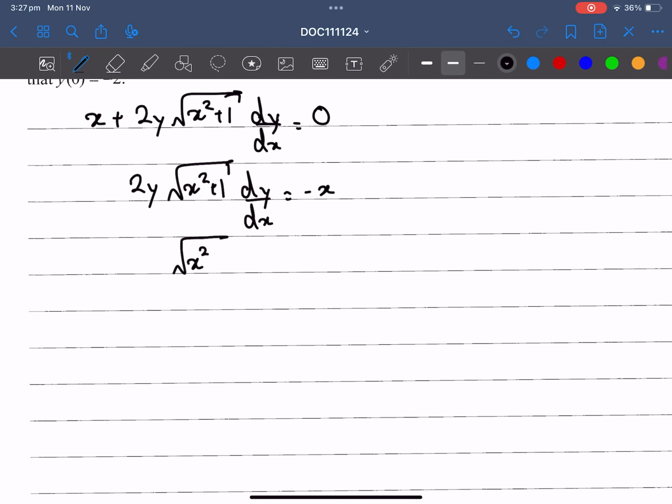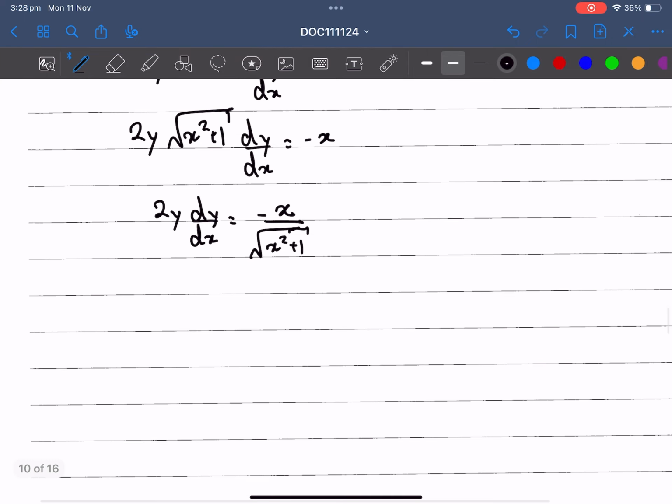Actually, we can just say 2y dy/dx is equal to -x on x squared plus 1. Okay, so now we get 2y dy is equal to that divided by x squared plus 1 dx.